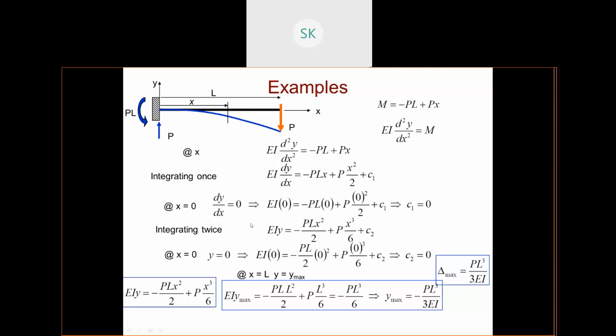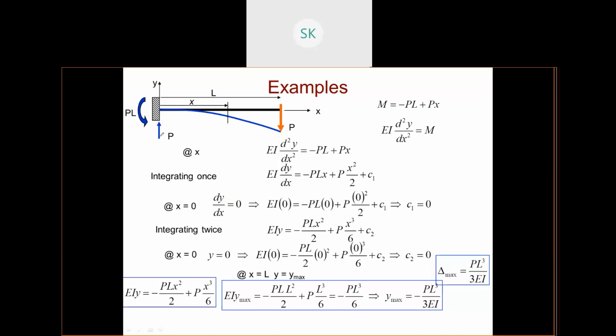You are asking me why dy by dx is 0 at x equals to 0, right? Yes. At this position, your x will be 0. So the whole term will become 0.